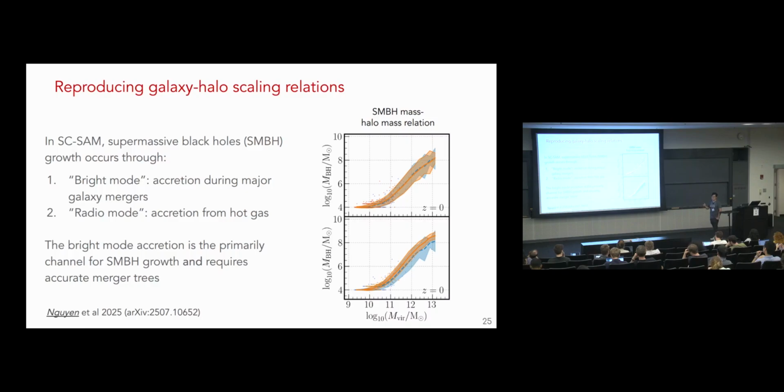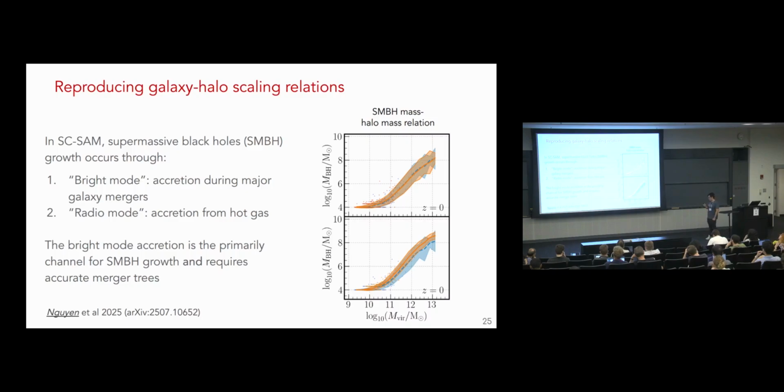Whenever there is a merger, it will speed up the black hole and make it accrete faster. So if you get the merger rate wrong, or any properties of the halo mass wrong, the supermassive black hole relation will get really messed up. Here, extended Press-Schechter overestimates the merger rate, so you see that the supermassive black hole mass is more massive than usual.